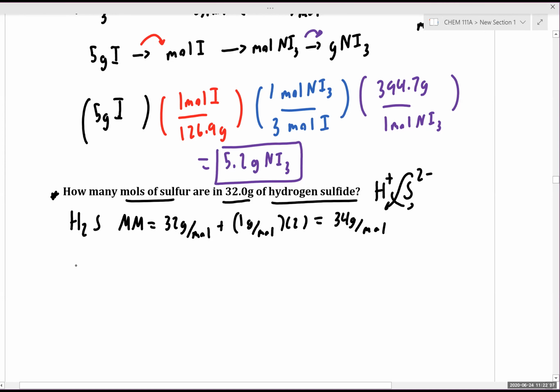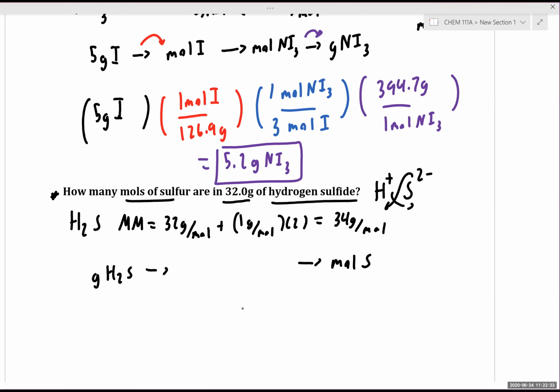Wonderful. So starting off, we're given the grams of hydrogen sulfide, and we want to calculate the moles of sulfur. So what is our intermediate unit? What unit are we going through in this example? What is our intermediate stepping stone?